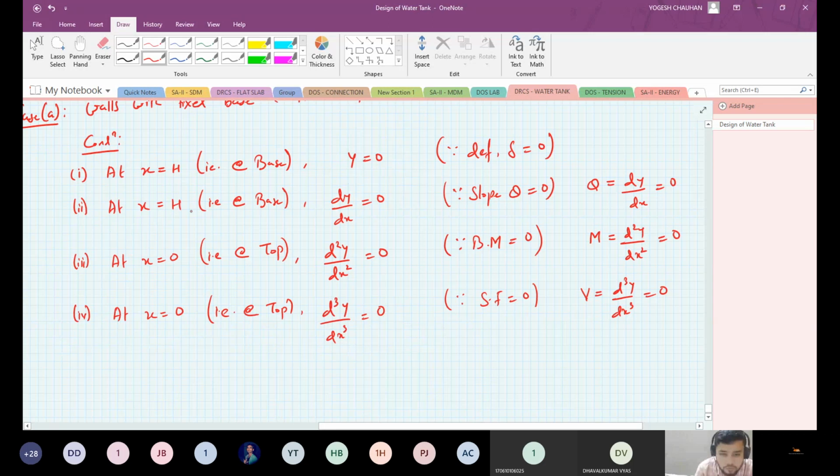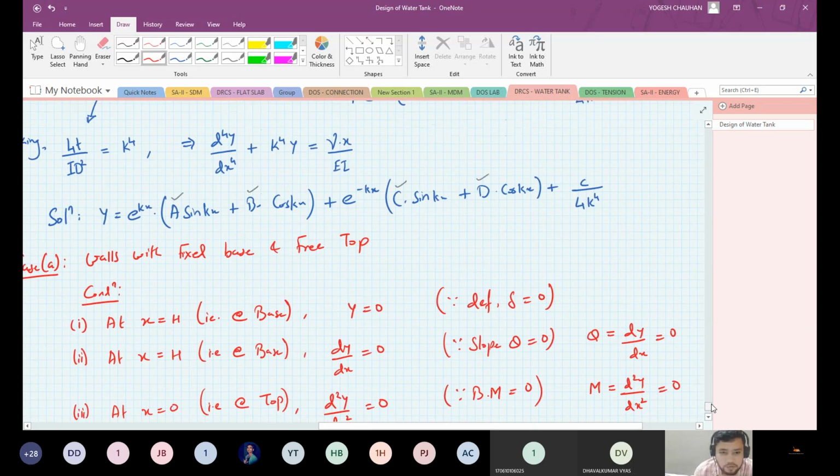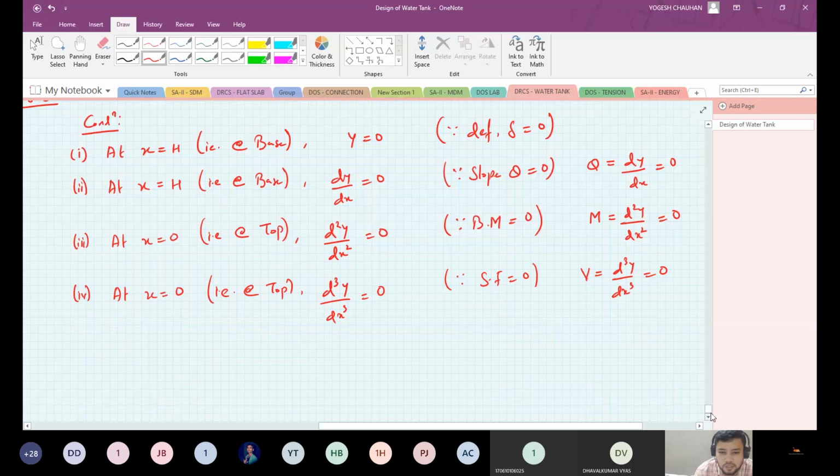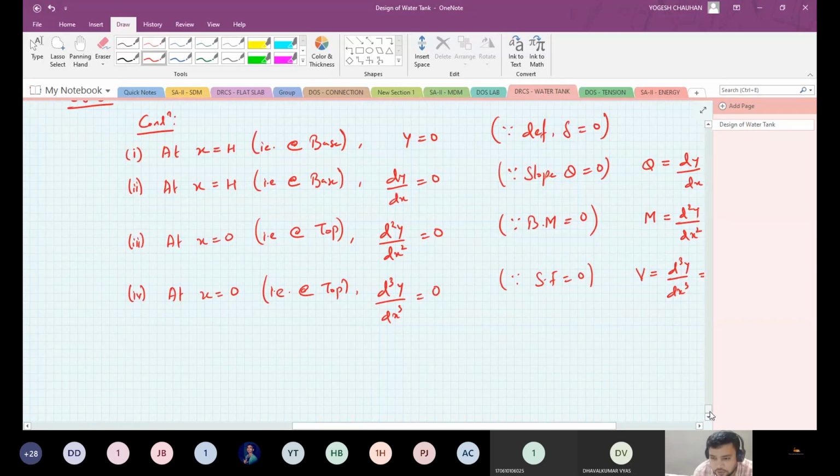So for fixed base and free top, using these four conditions, you can get the values of these four unknowns A, B, C, and D. And substituting these values, you will get the solution.